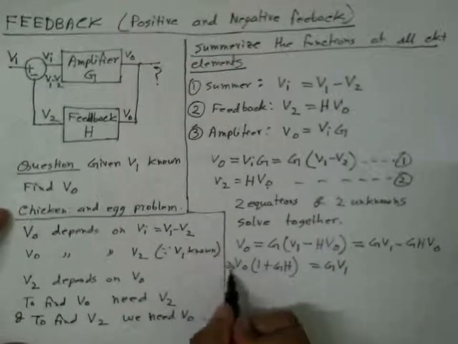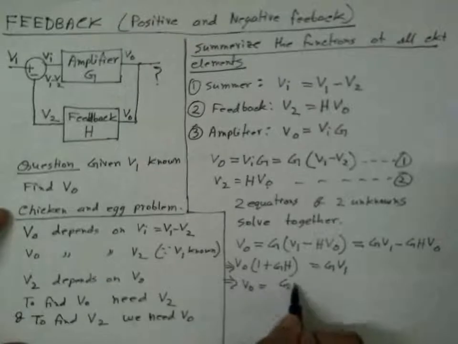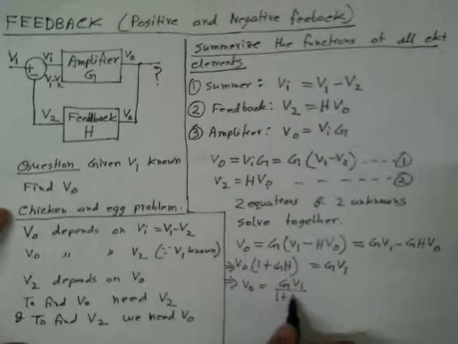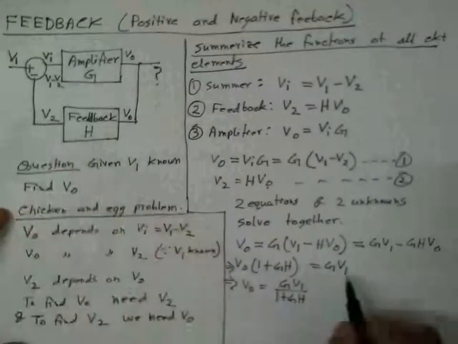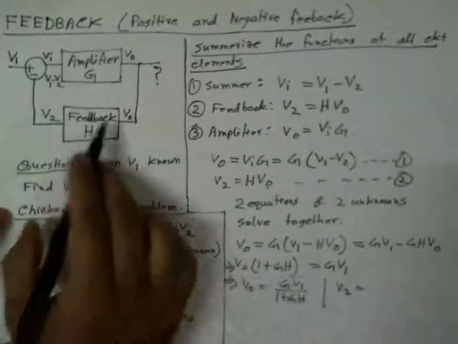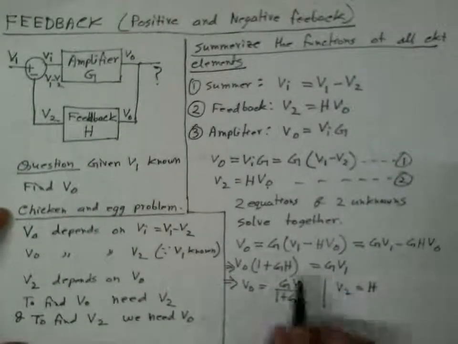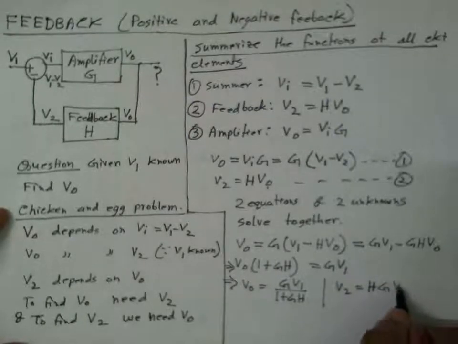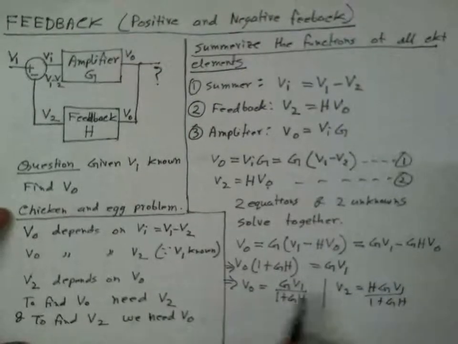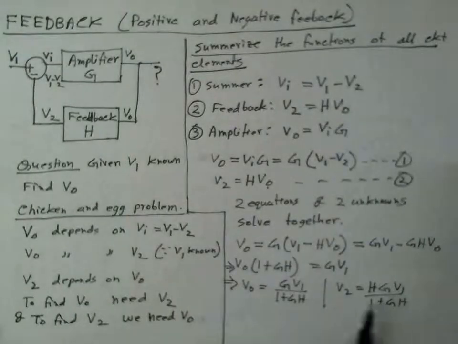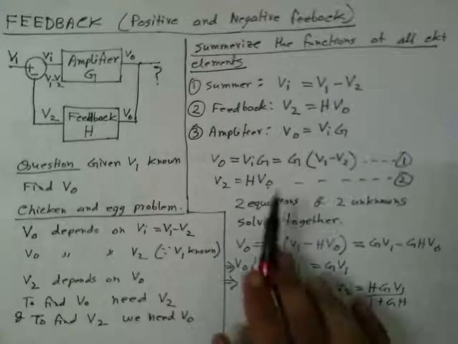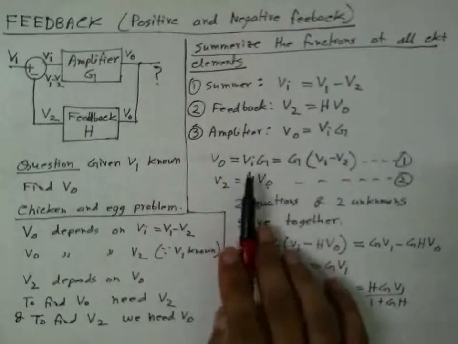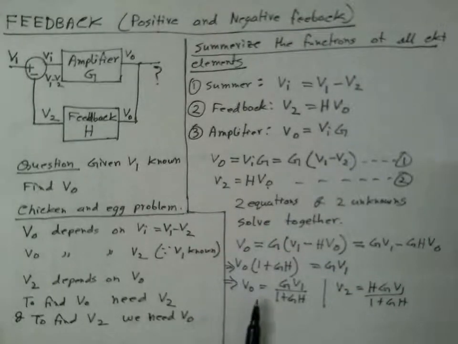So this implies VO is nothing but G V1 by 1 plus GH, and then I can also compute V2, which is nothing but H times VO, so this will be H G V1 by 1 plus GH. So I can solve VO and V2 both together using these two relations. We have two algebraic equations to solve simultaneously to get two unknowns. That's simple.